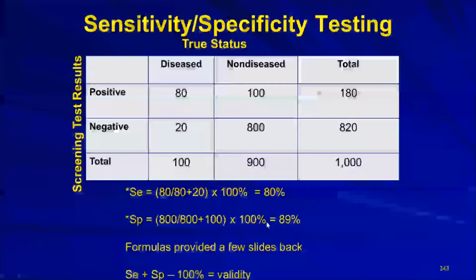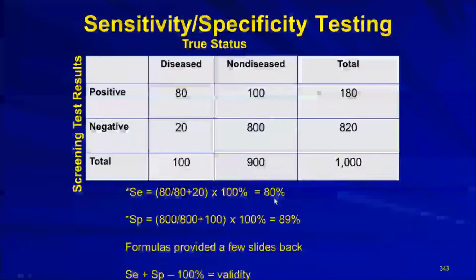Now, this is how we get validity. Once you get the sensitivity and specificity, you're going to add those two together and subtract them from 100. Okay?